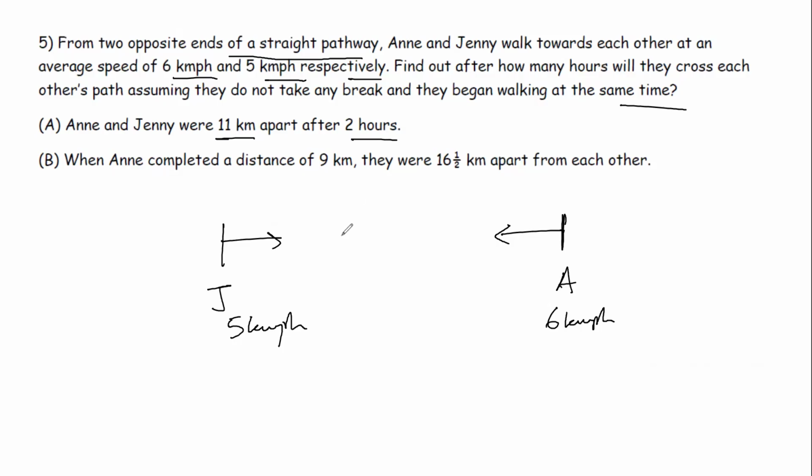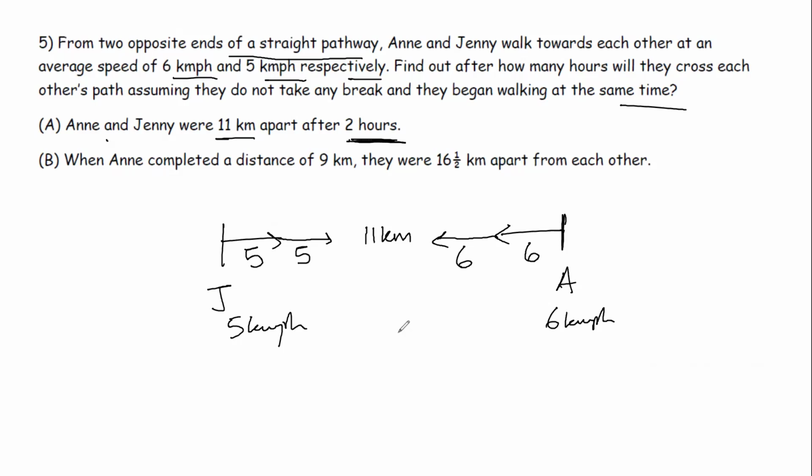So in 1 hour, Jenny would have traveled 5 kilometers and Anne would have traveled 6 kilometers. This is after 1 hour, correct? After another hour, Jenny would have covered 5 and Anne would have covered 6. So Anne and Jenny are 11 kilometers apart after 2 hours.